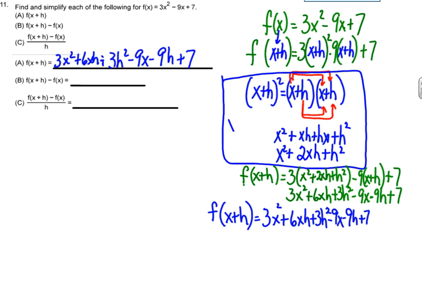I'm going to subtract f of x. Let's put it in parentheses for now, knowing that when I remove my parentheses, it's going to change the signs.